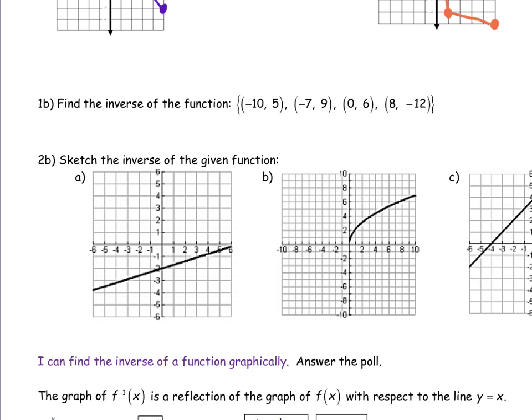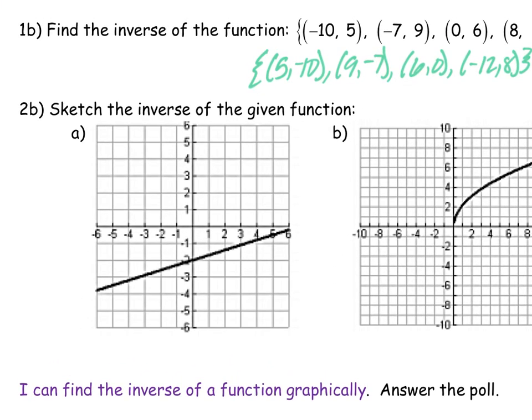So the inverse for the first set is (5, -10), (9, -7), (6, 0), and (-12, 8). Not too bad?